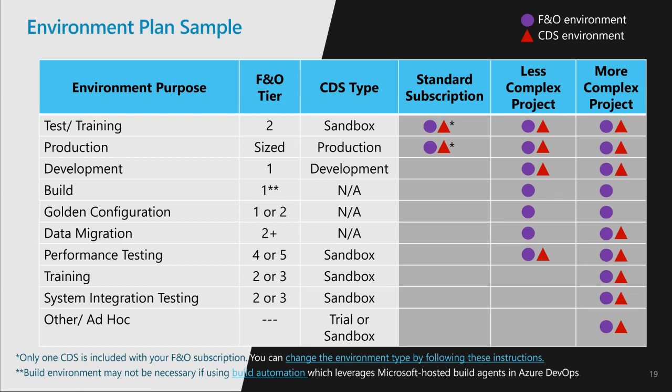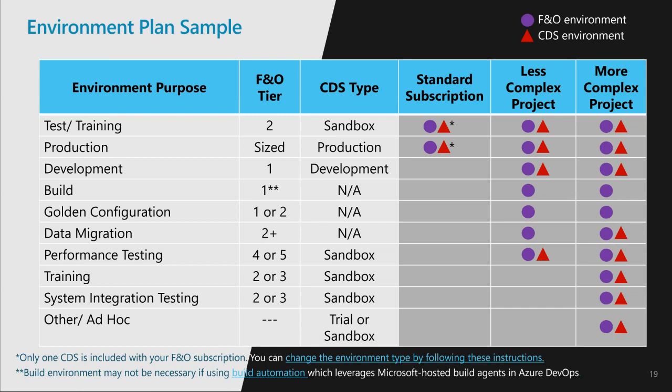But this feature is limited to code compile and creating packages only. There is no support for running unit tests, and there is an overall time limit per month. So please make sure that you assess those limitations and decide whether to use a build VM or Microsoft-hosted agents.